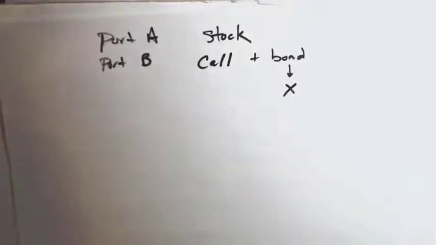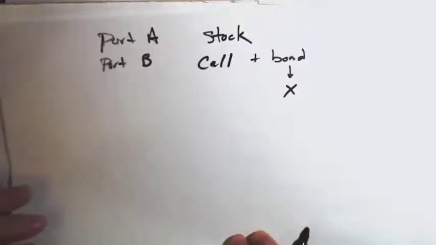Okay, and so what we want to do is compare these two portfolios and see how they turn out. And from comparing those two and assuming no arbitrage conditions, I'm going to show you how to come up with that intrinsic value. Okay, so here's how we do it.